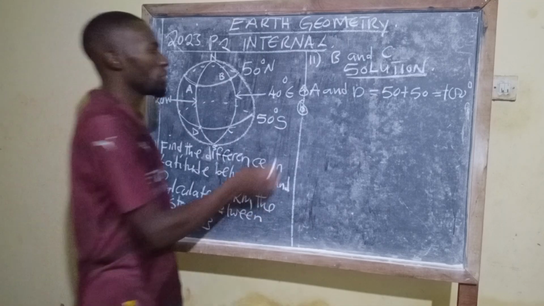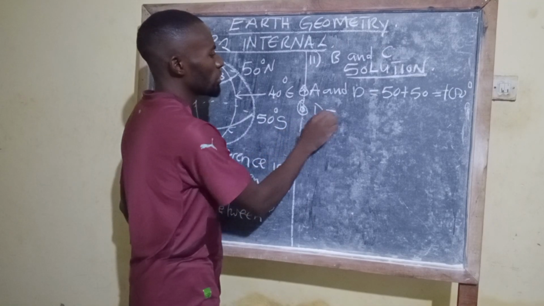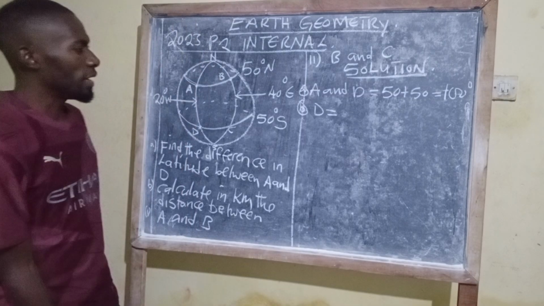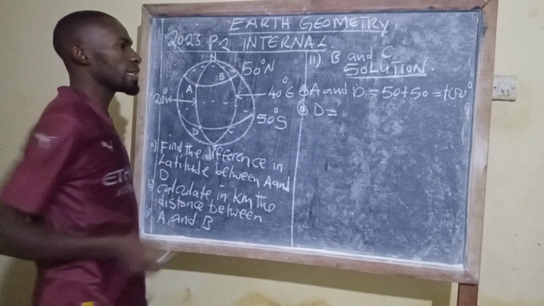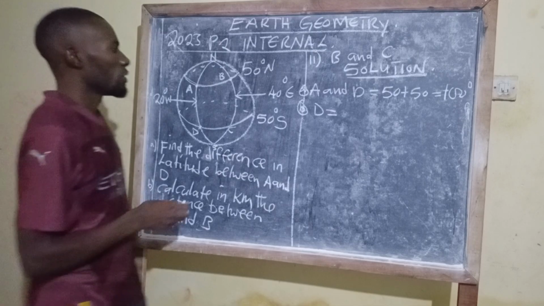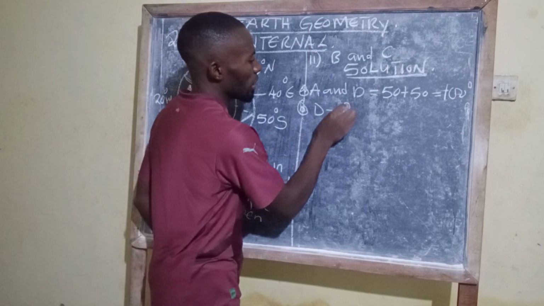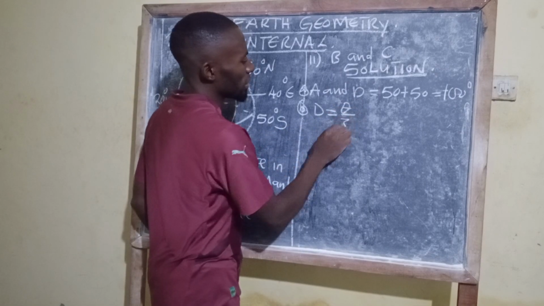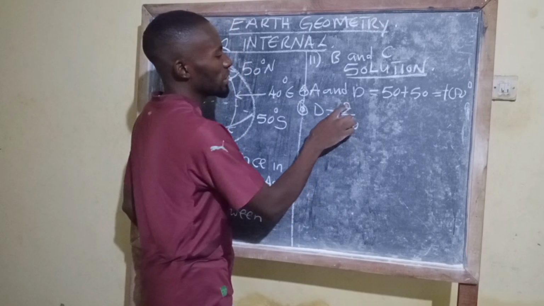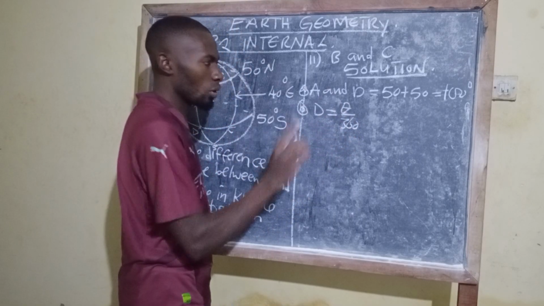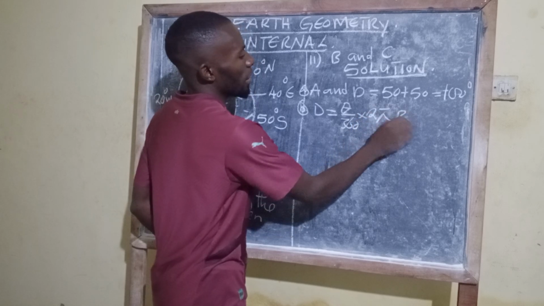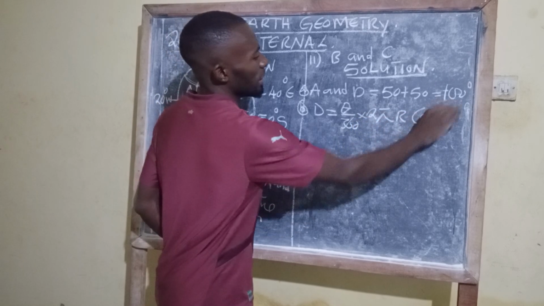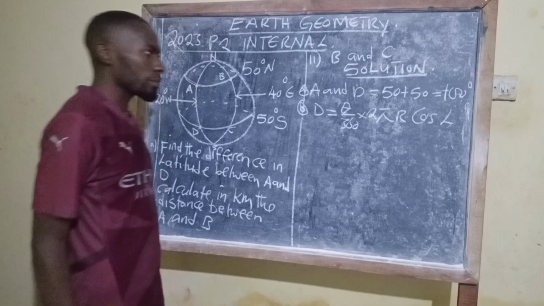First of all, we need to know the formula that we are going to use when we are dealing with the distance along a small circle. The formula is theta over 360, where theta is the difference in longitudes, multiplied by 2 pi r cos latitude.